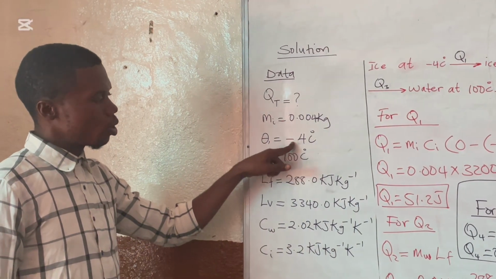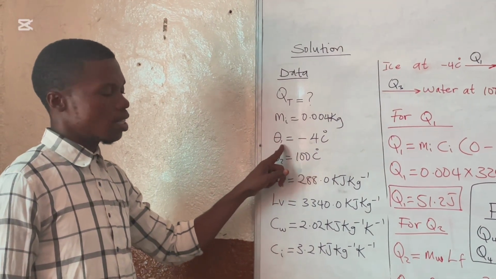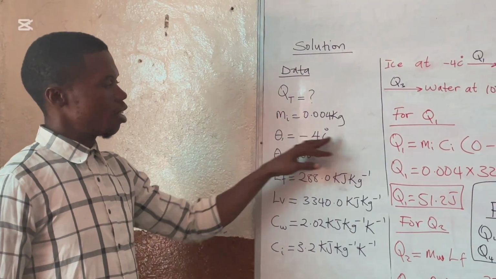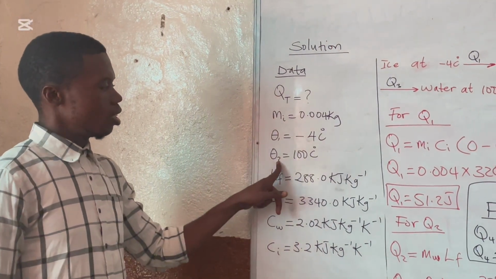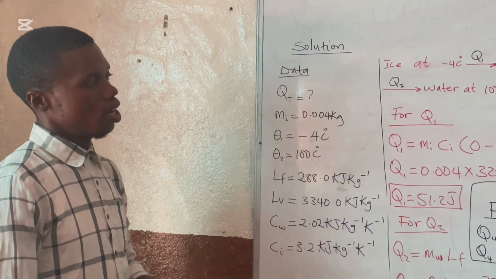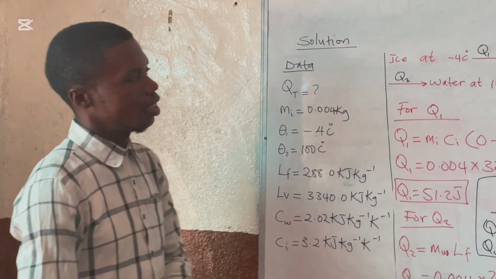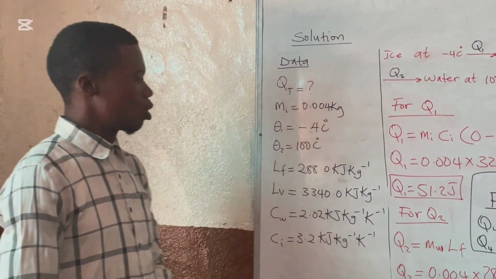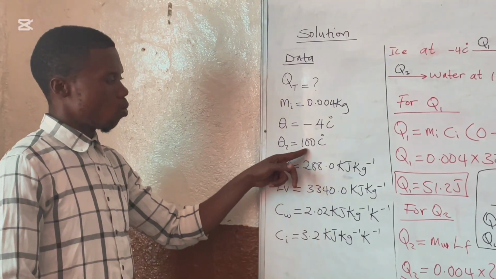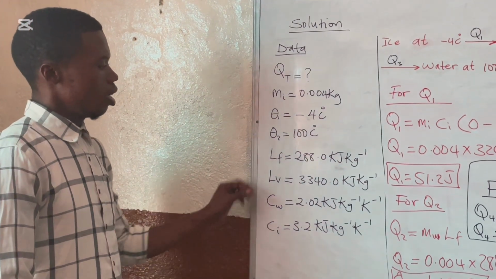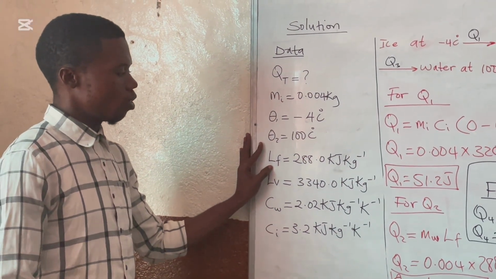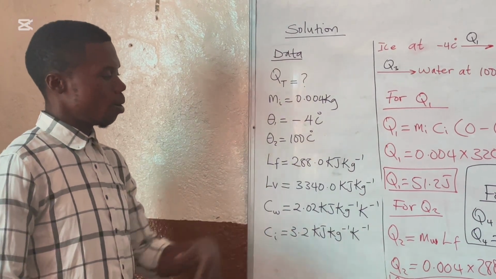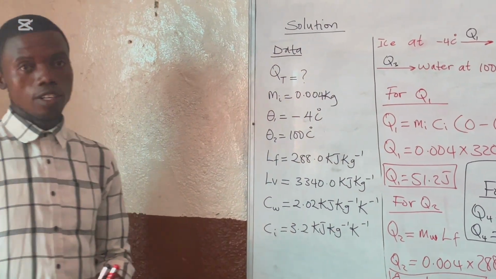The temperature of the ice, call that θ1, is negative 4 degrees Celsius. The temperature to which they want us to convert the ice is 100 degrees Celsius. The latent heat of fusion of ice is 288.0, and of course we have the other values here which we just mentioned.